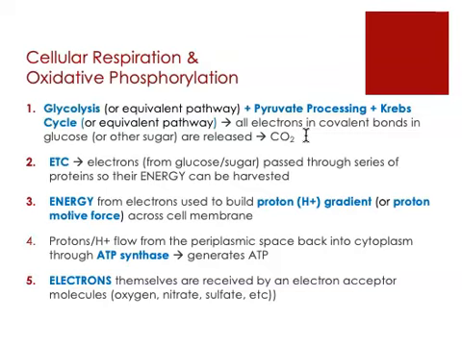The electron transport chain is going to receive these electrons and literally pass them from one structure to another in this chain, harvesting the energy from those electrons as they're passed. The energy that gets harvested from all of those glucose electrons will be used to build that hydrogen ion gradient.